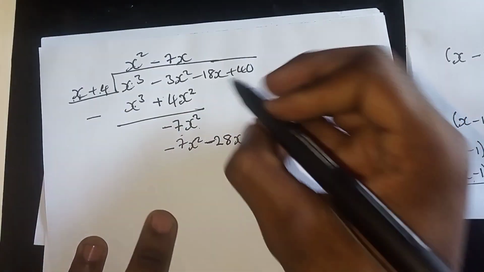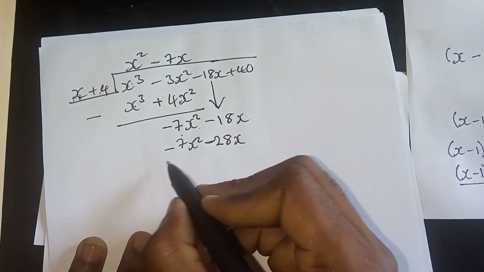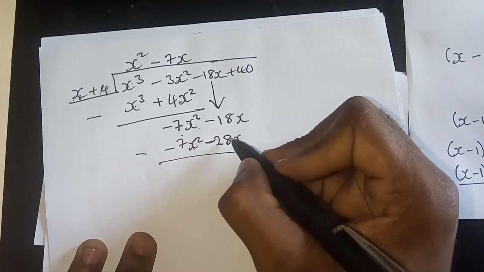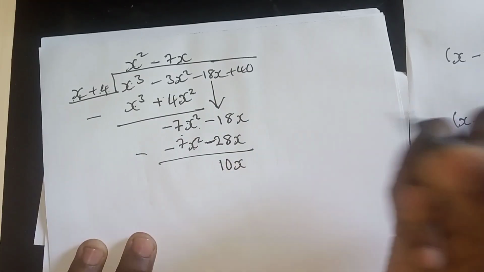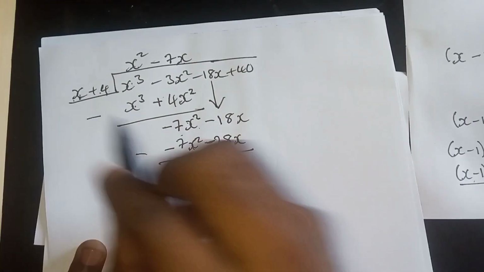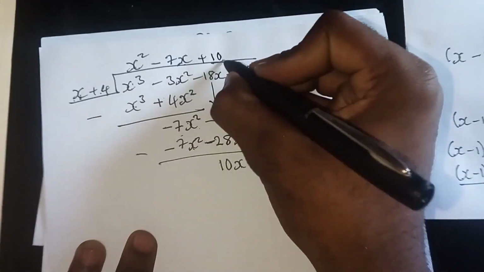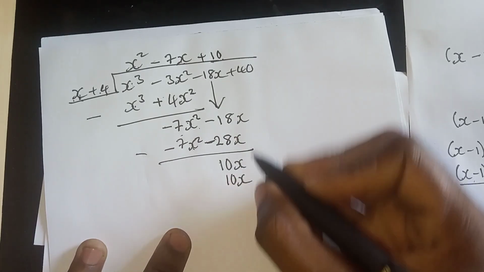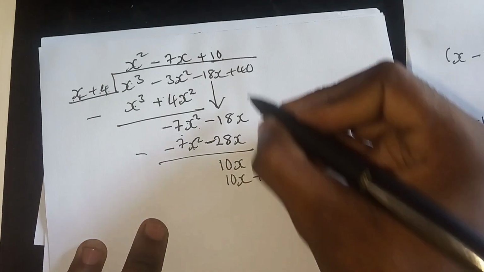negative 28x. Then you bring this one down and subtract: this minus this is 0, this minus this will be 10x. Then x into 10x would be a 10. 10 times x is 10x, and 10 times 4 will be 40.